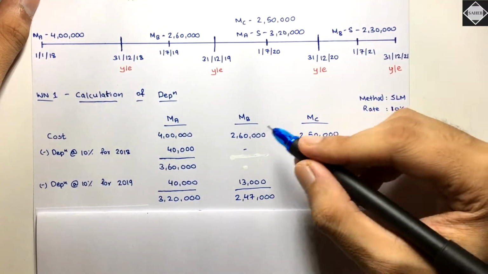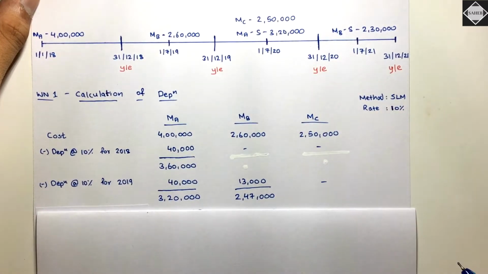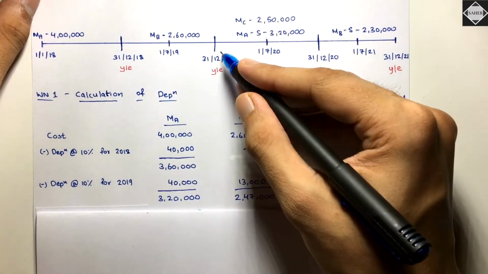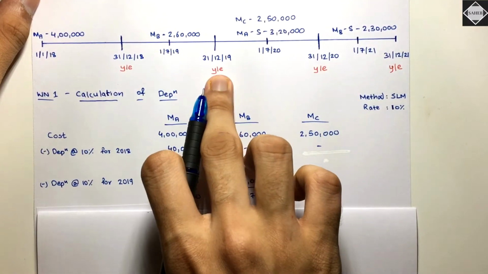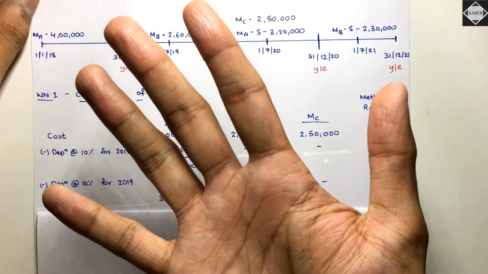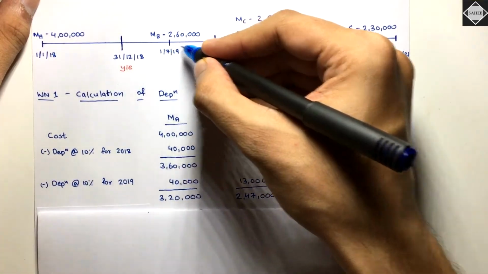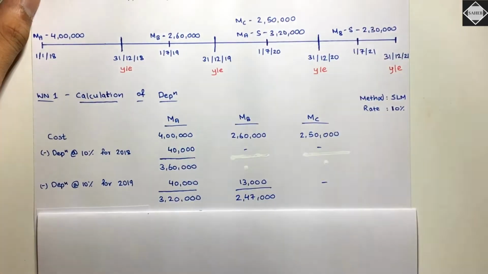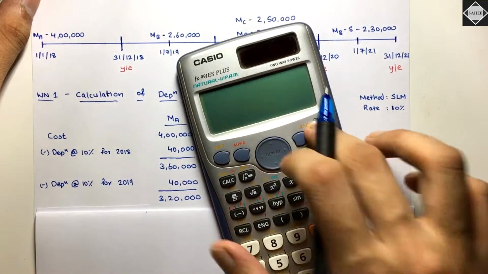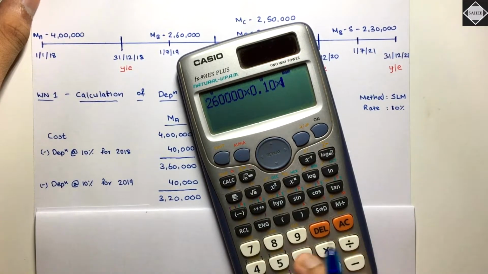Now come to machine B. For how long did you have this machine B? Only 6 months, from 1st July till 31st December: July, August, September, October, November, December. So you have to charge only 6 months depreciation on machine B. How much would that be? 2,60,000 into 0.10 into 6 by 12.